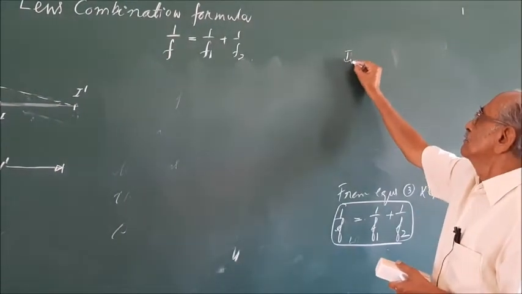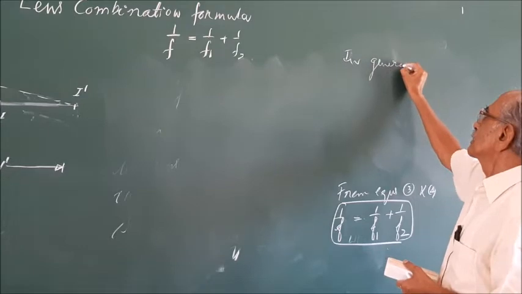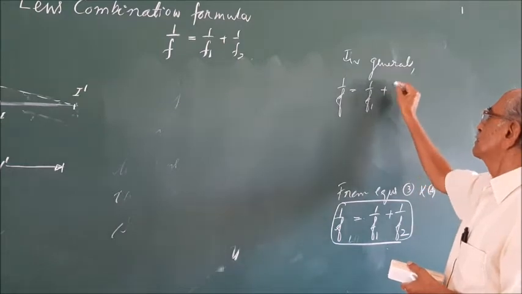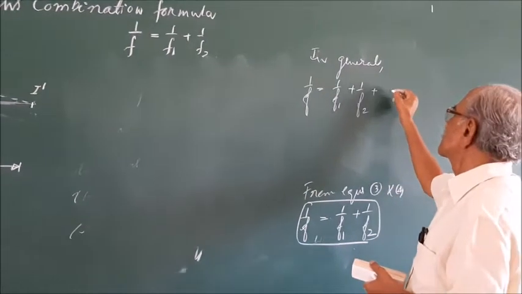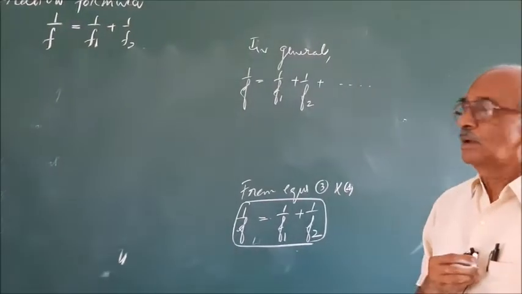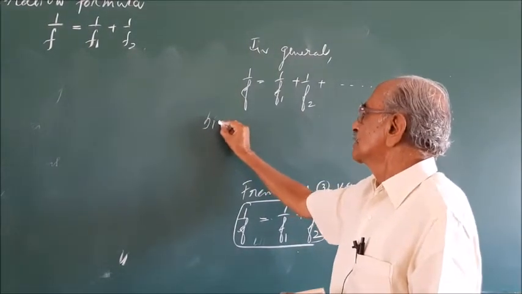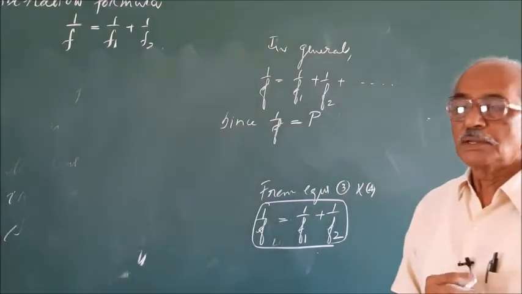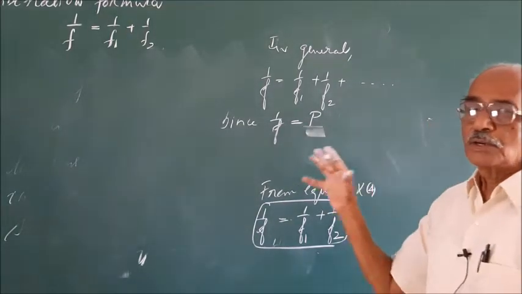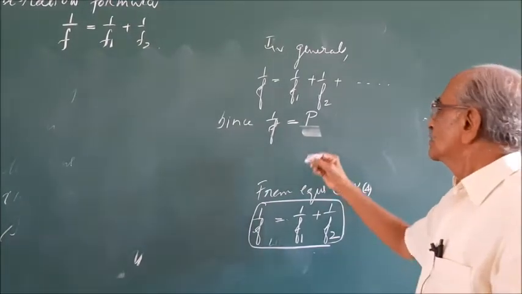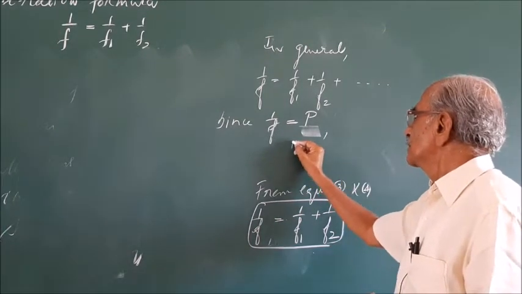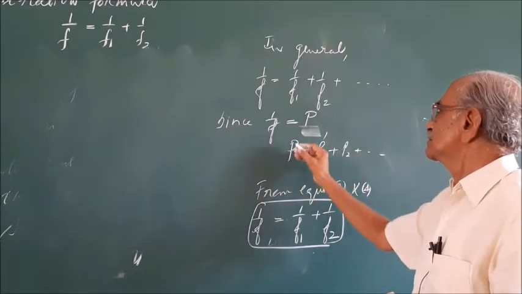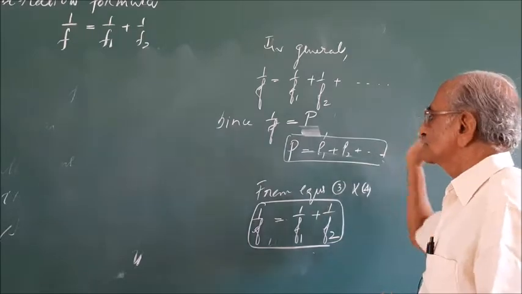In general, 1 over f equals 1 over f1 plus 1 over f2 plus 1 over f3, etc. Now, remembering that the reciprocal of the focal length is the power of the lens, that is the ability to converge or diverge the incident light, we have P equals P1 plus P2 plus P3, etc.